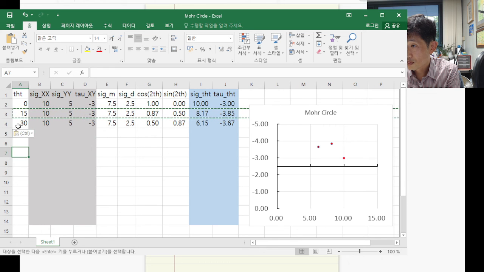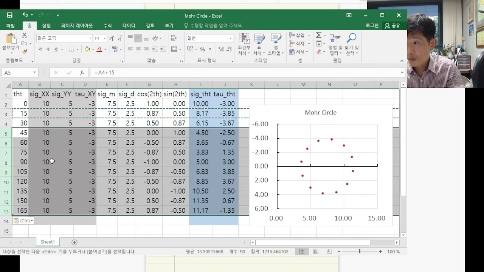If you consider more angles, then finally we can obtain the nice circle as we discussed in that example.